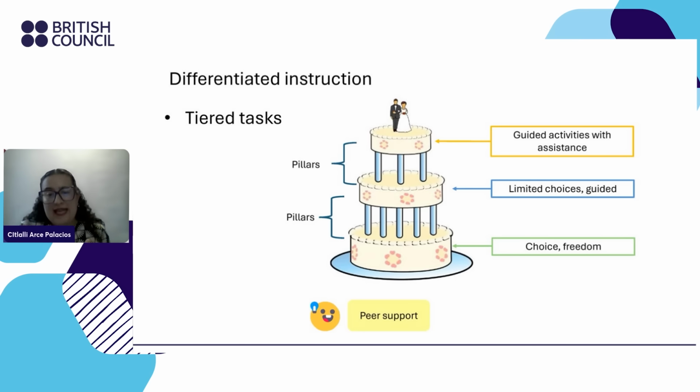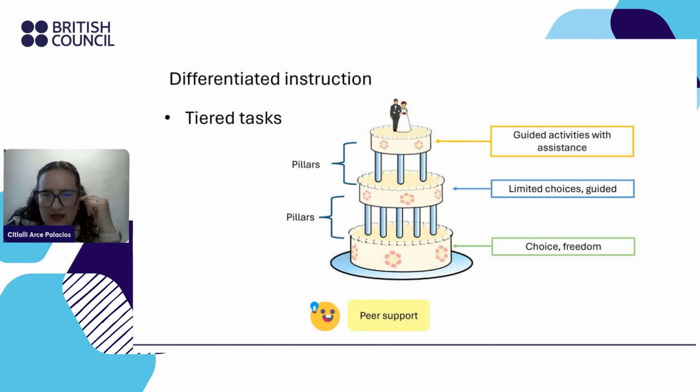Then we have the last, which is in fact the first level for students, the low achievers. So we have to provide guidance here. We can have simpler activities so that they consolidate this and then they can move to the other level and to the other level.